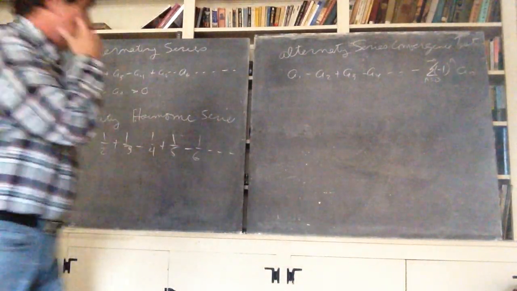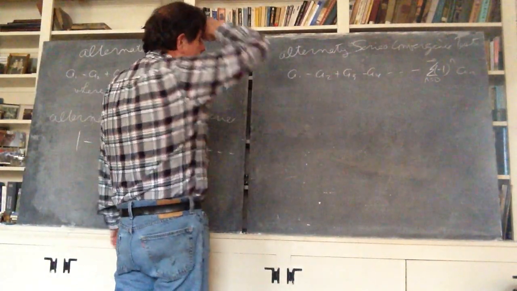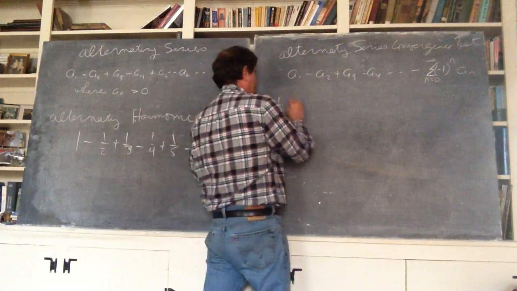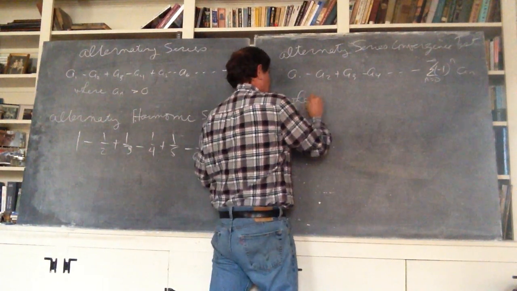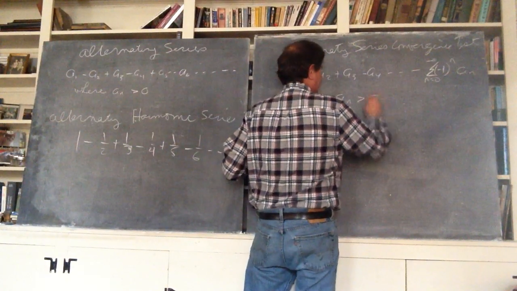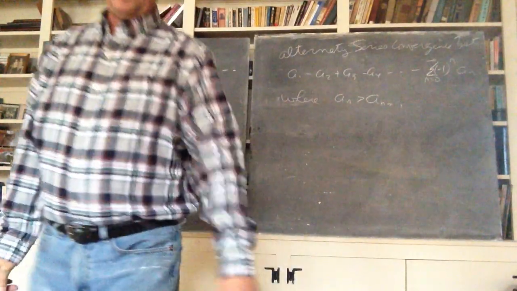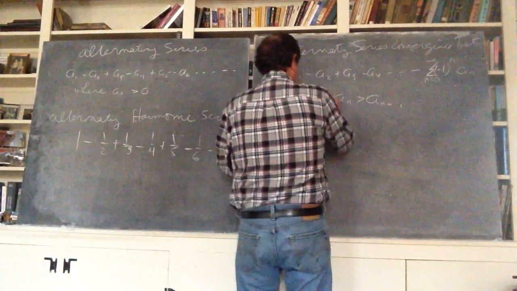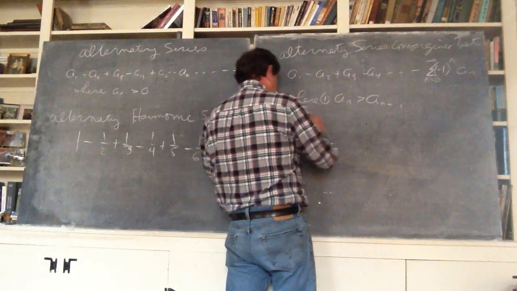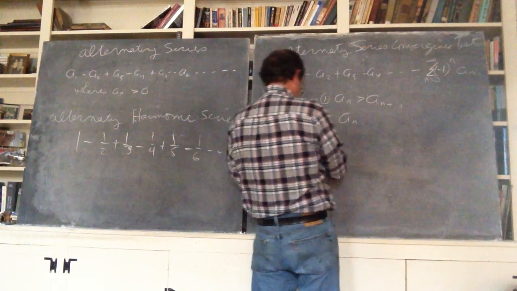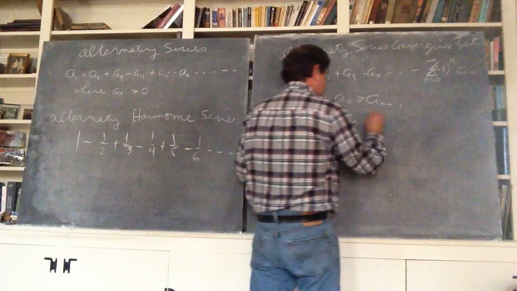They alternate. So suppose you have an alternating series such as that, and two conditions apply. One, each a sub n is decreasing: the a sub n's are decreasing. And two, the limit of the individual a sub n's as n goes to infinity is 0.